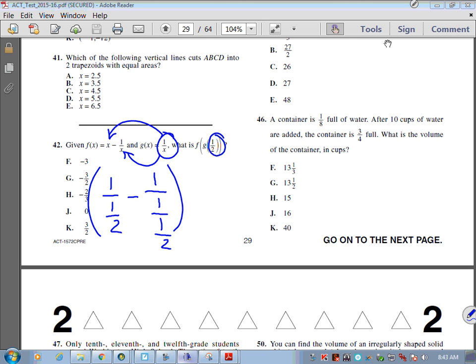And what's 1 divided by 2? Well, hold on. I've got to rethink this. 1 divided by 1 divided by 2. Go ahead and plug it in. Okay, I'm explaining it wrong. It won't let me do that. Okay, and suddenly it does.